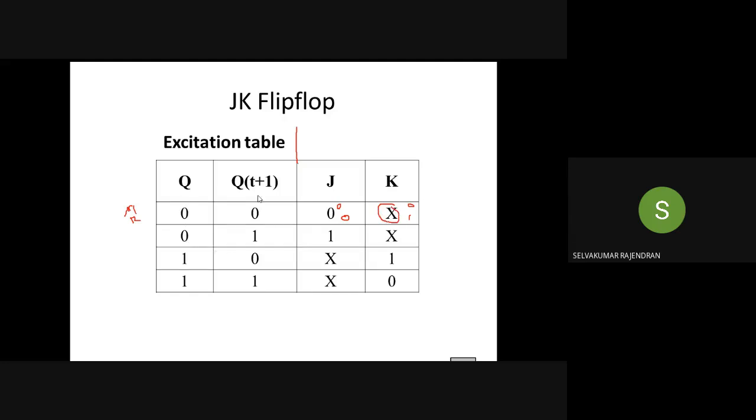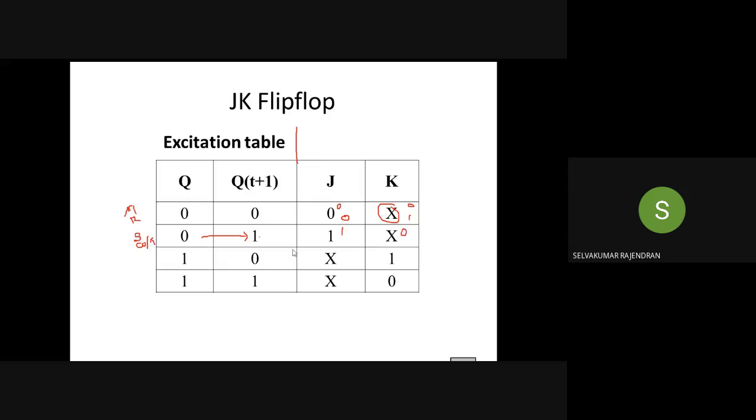Similarly, for Q equal to 0 and Q of t plus 1 equal to logic 1, it means set condition: present state value is 0 but next state value is logic 1. It could be the set condition, or the complement or toggle condition, because 0 is complemented to 1. If it is the set condition, J equal to 1, K equal to 0.